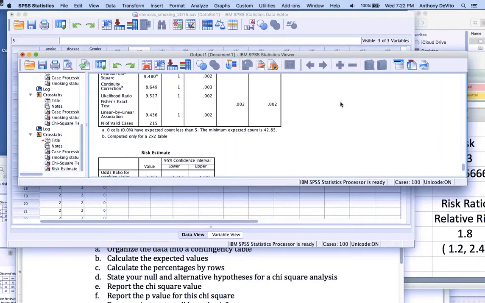So for patient number 1, we might have a blood sugar level of 150 and a BMI of 28.2. Got two values, so I could actually plot them on a graph. And then for another person, it might be a BMI of 21 and a blood sugar level of 90, and so on and so forth.